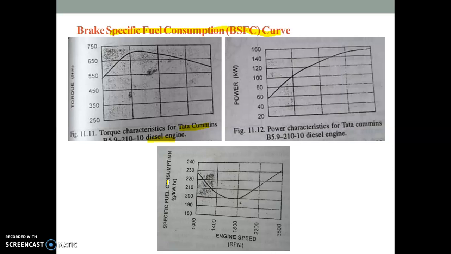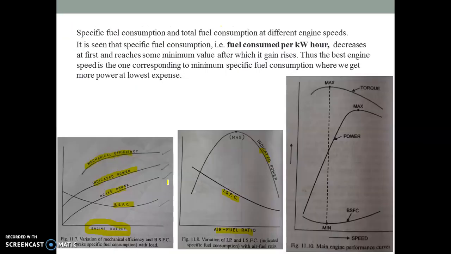So in this graph, that is the main engine performance curve, the curve shows the variation of fuel consumption per unit brake power in a unit time, generally in gram per kilowatt hour.